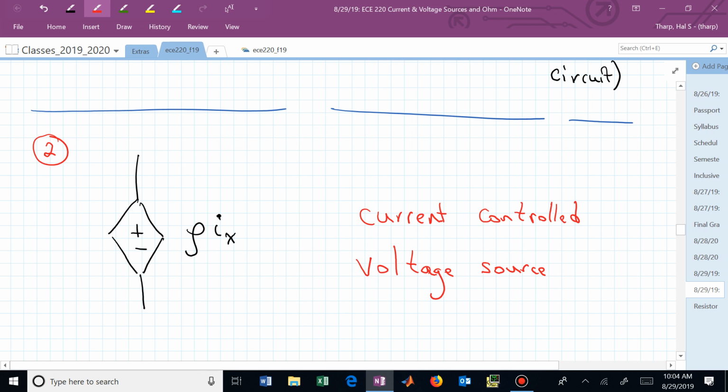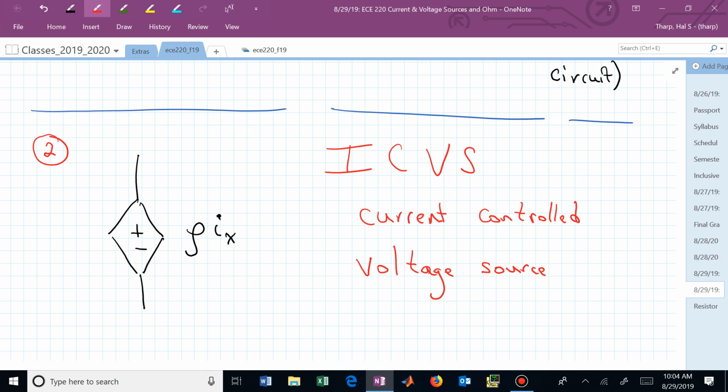And here it's just tradition: current is I, current-controlled voltage source. So somebody might say, oh, you have an ICVS. Now you can go home and you can text this. Don't do it in class, but you can text this when you leave. You can say, oh, I have an ICVS. And everybody in this class will know what you mean, right? Oh, that's a current-controlled voltage source.